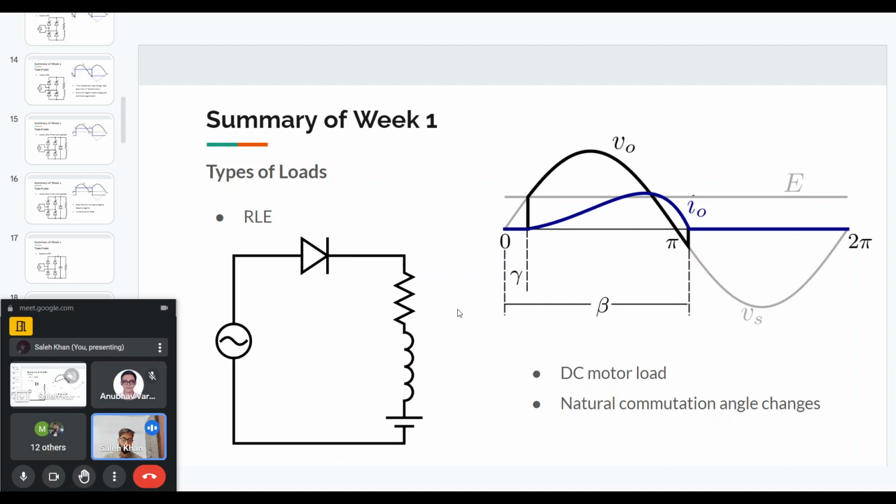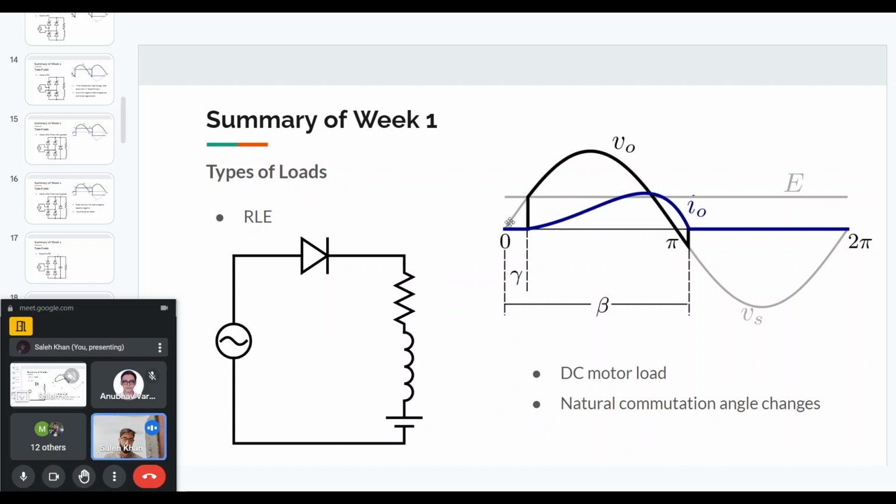So the average current will be V out average minus E, divided by the resistance. That is how the value of E will change the load current, and we will see in one of the problems in detail how this will happen.